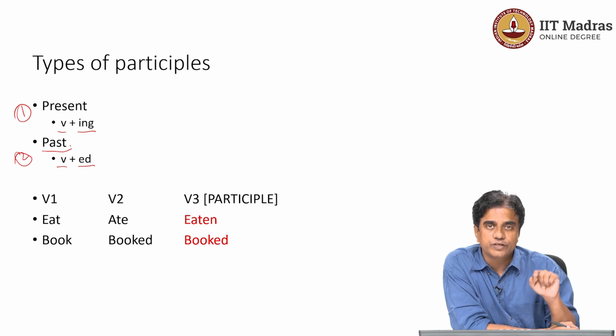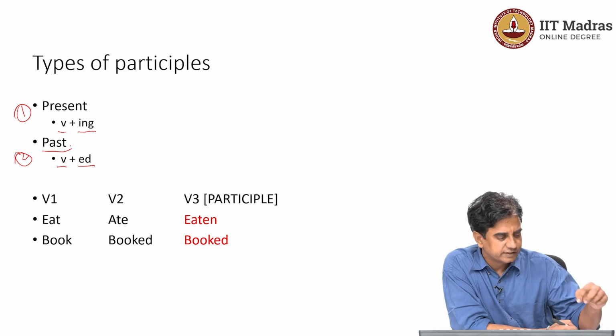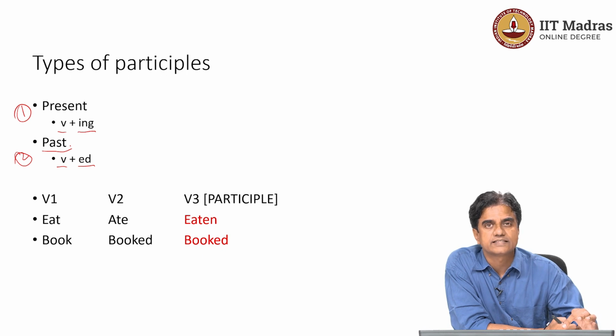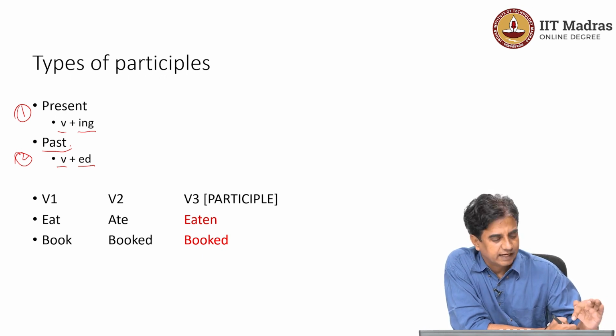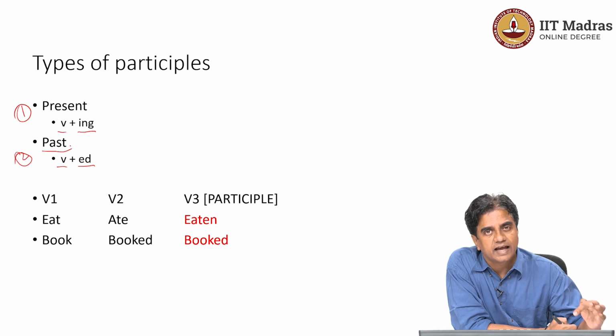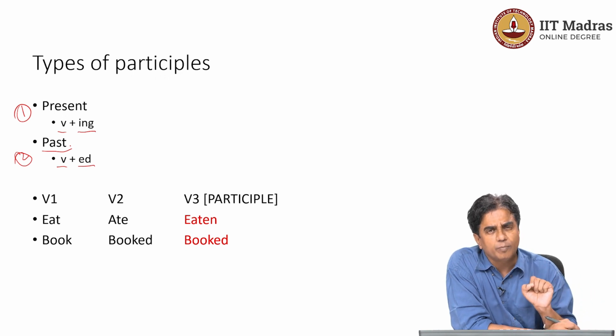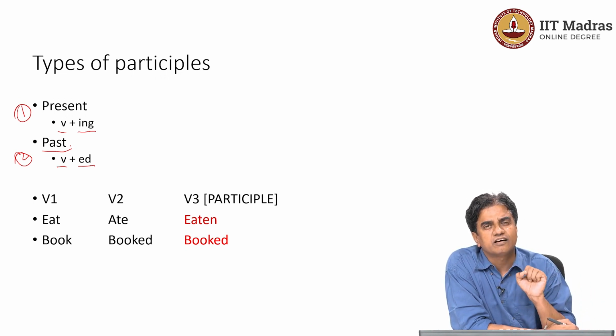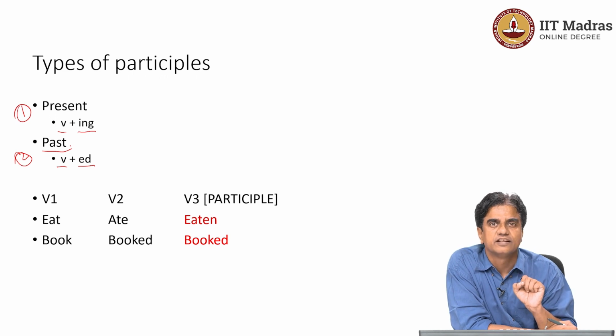Following from that, we can call the V plus -ing type the present participle and the V plus -ed type the past participle, but they have very little to do with either present or past. This is an important part for you to see, and this probably happens to be the crux of the entire discussion, and if you understand this much, we are done with participles.